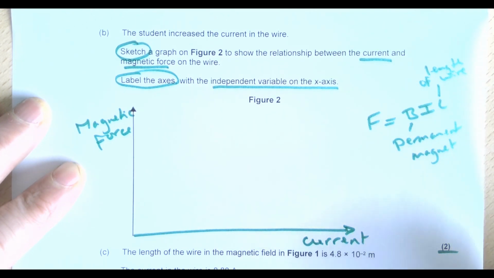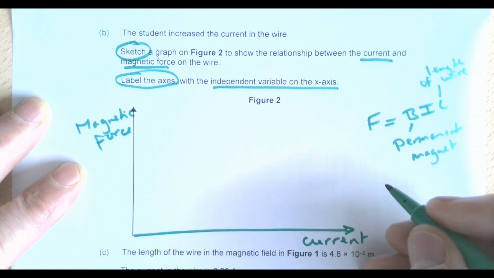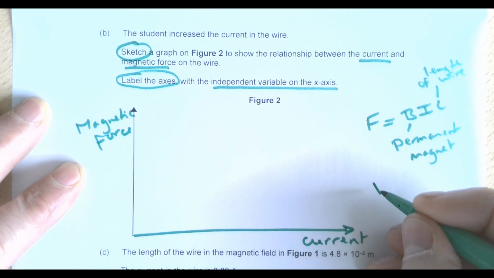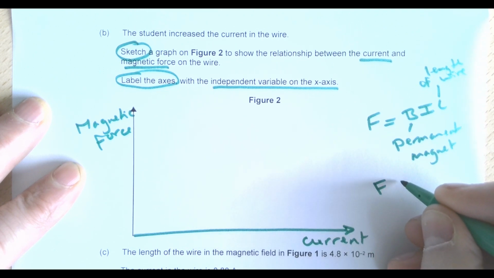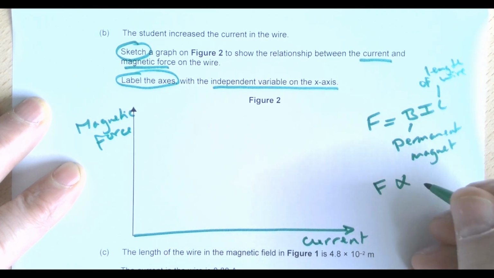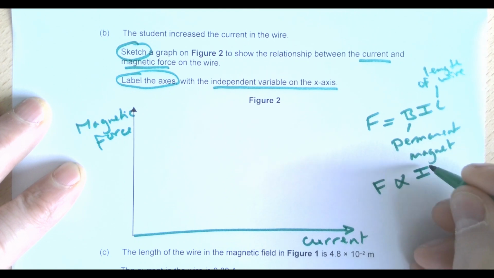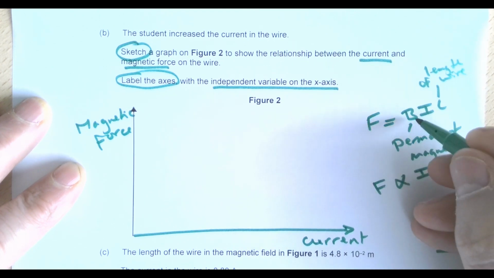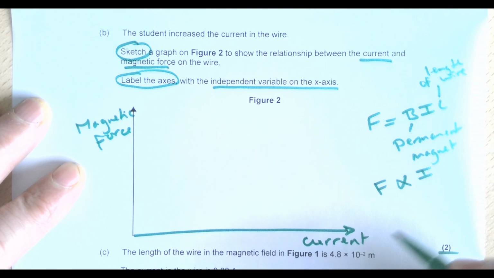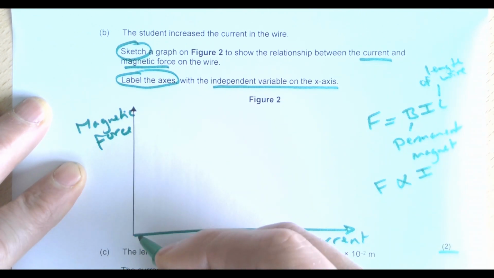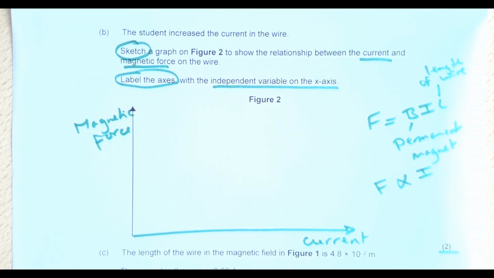Well, I know that they're both constant, so they don't change at all. So force is therefore proportional to I. And the gradient of that line would be B times L. So because they're proportional, BL is going to be constant.